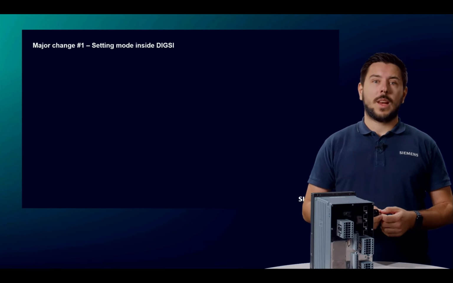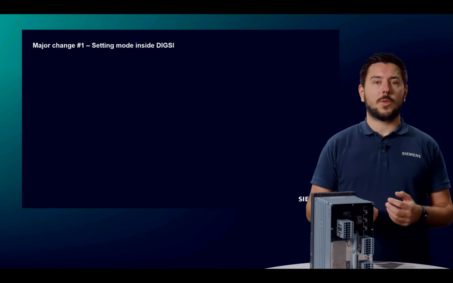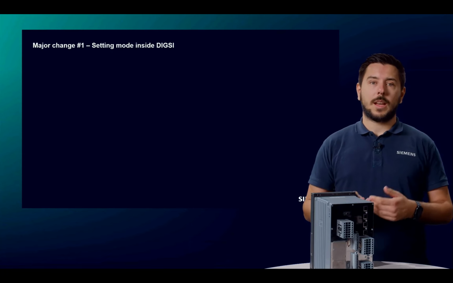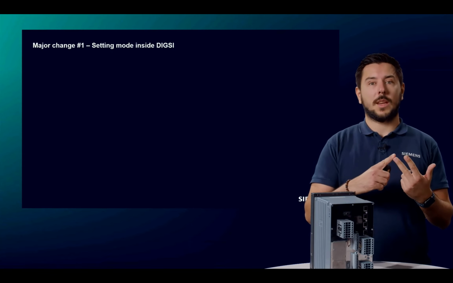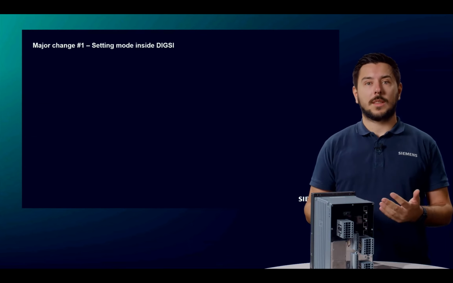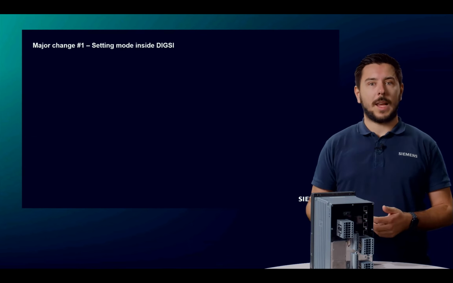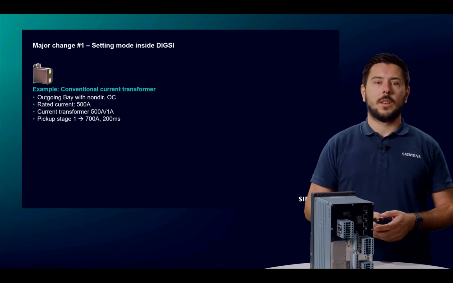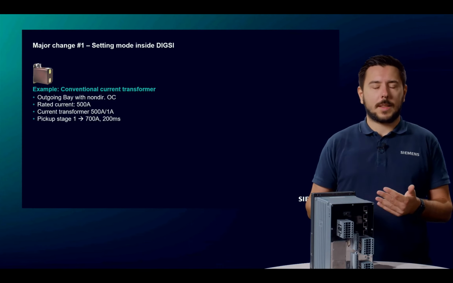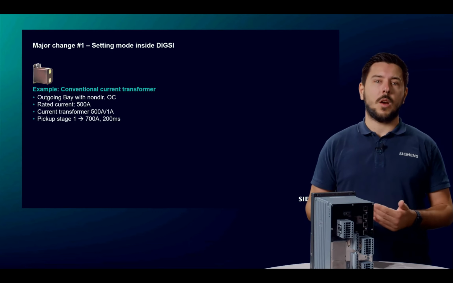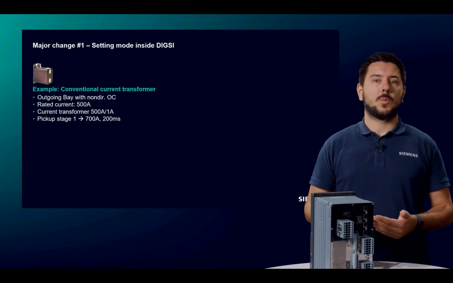The first change is related to the setting mode. The protection parameters in DIGSI 5 can always be entered in primary, secondary, and percentage mode. What changes in the 7SY82 can be explained with a short example. Let's just assume an outgoing bay in which a really simple non-directional overcurrent protection function has to be set.